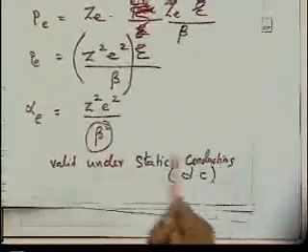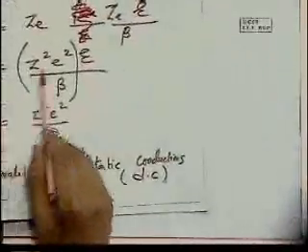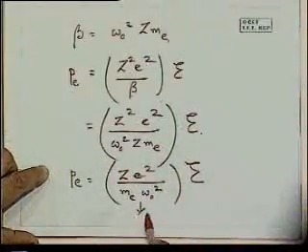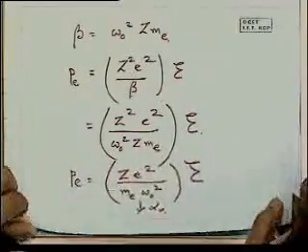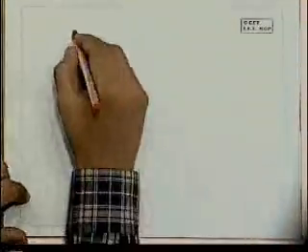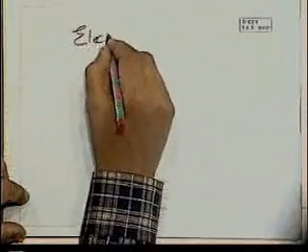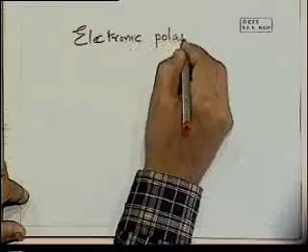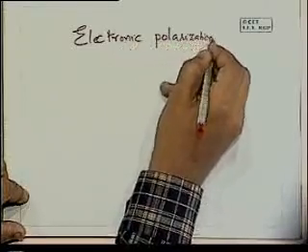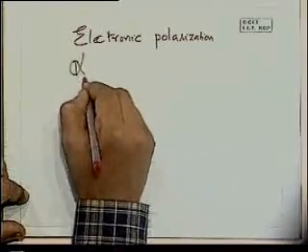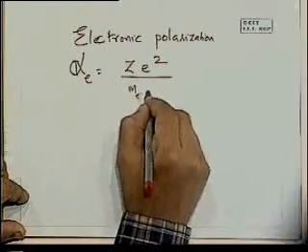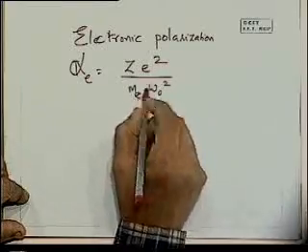We could substitute directly the value of beta that we have, or we can make the comparison that pE was equal to alpha E and write that this term is alpha E. So we can write that the electronic polarizability alpha E is then simply Z e squared by me omega naught squared.